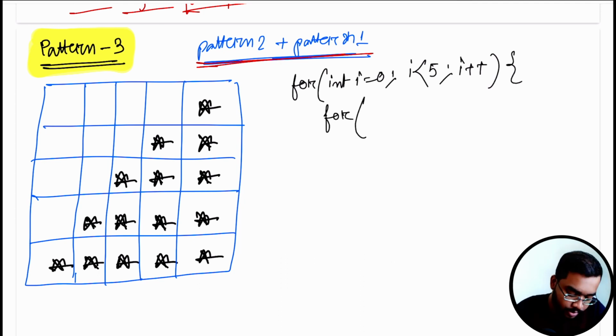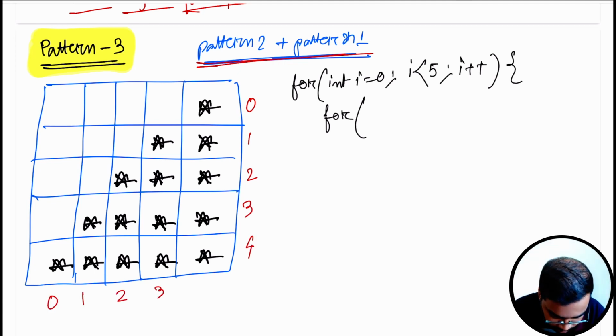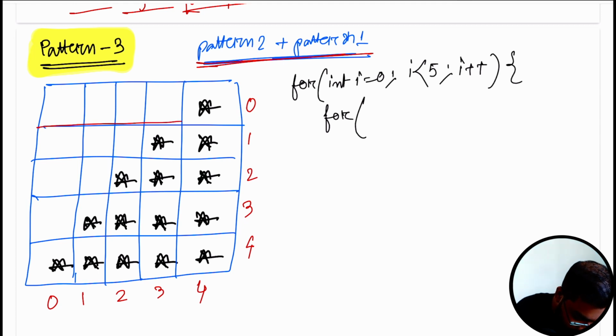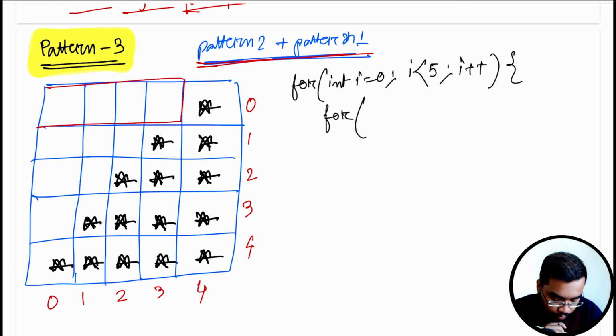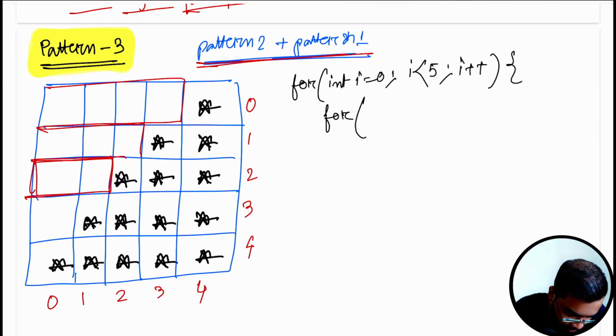Okay, so now here let's put all the values 0, 1, 2, 3, 4. Then it is 0, 1, 2, 3, 4. So for i equal to 0, j is having 4 minus i equal to 1, 4 minus i equal to 2, 4 minus i equal to 3, 4 minus i equal to 4.